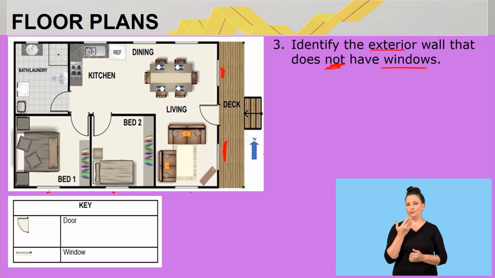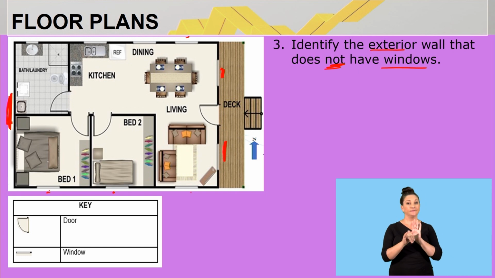There's a window, here's a window. Can't be this one either. Looking now at our northern hall, there's a window there. But now, if I look at this side, on my left-hand side, western side, can we see there, we don't have any windows here. Guys, is that clear? It says identify the exterior hall that does not have windows. So therefore, we can say it's the hall on the western side.